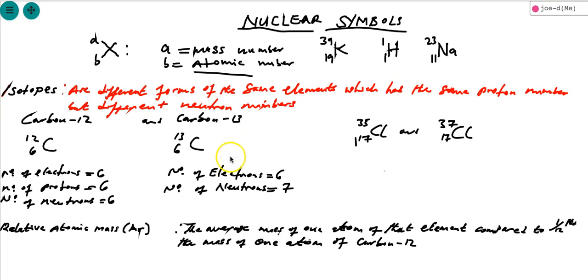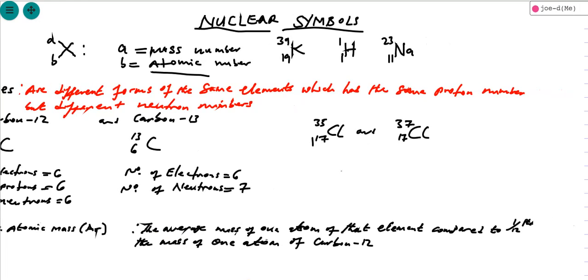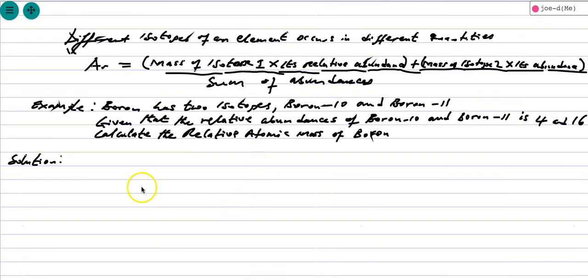And therefore, when we are working out their relative atomic masses, it's important we take into consideration their relative abundances, and therefore we use this formula to work out the relative atomic mass of an atom.